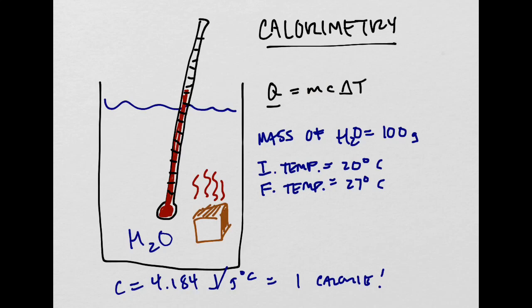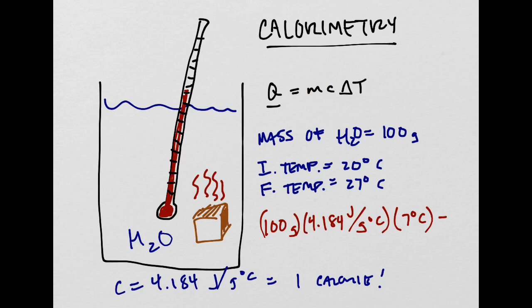So we take our mass of the water, the 100 grams, we take our 4.184 joules per gram degree C, we take our temperature change, which is 7 degrees C. It went up, right?